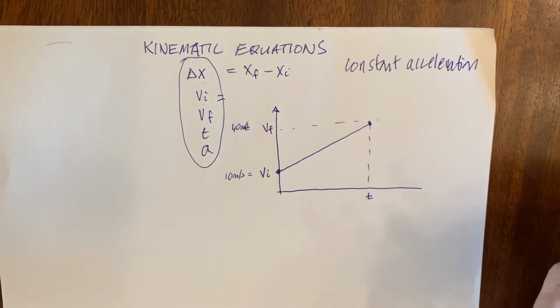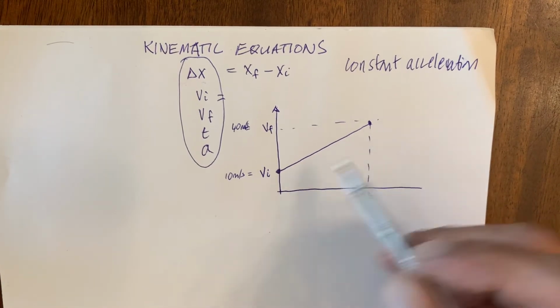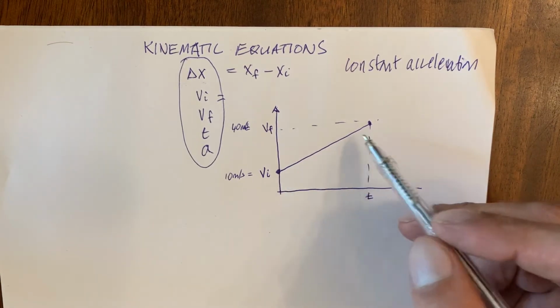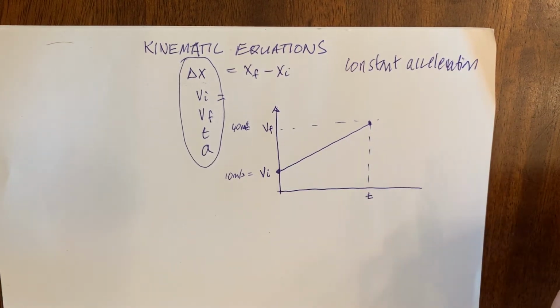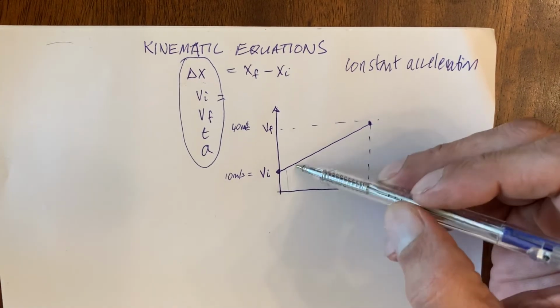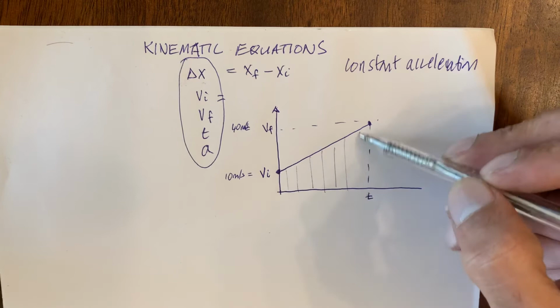Now, there are 2 important things you've learned already about velocity time graphs. One, how do you find the acceleration from a velocity time graph? I hope you said find the slope. That's all you have to do. And how do you find the displacement from a velocity time graph? I hope you said you find the area under the curve.